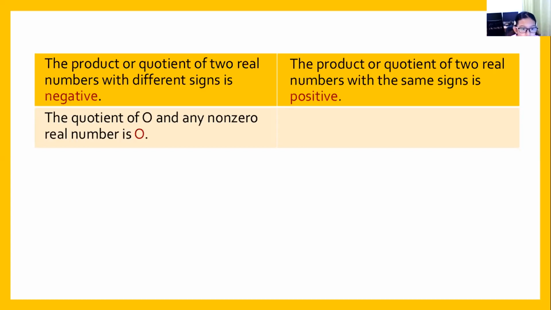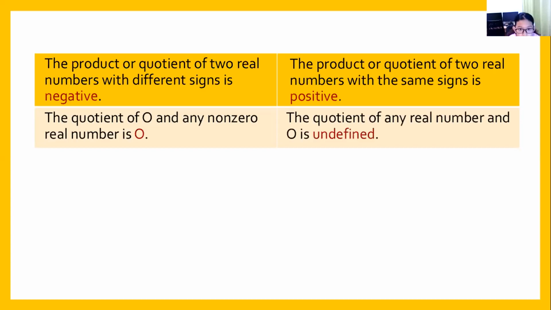would you read? The quotient of 0 and any non-zero real number is 0. Okay, the quotient of 0 and any non-zero real number is also 0. Okay. Now, what's the difference here? The next one.